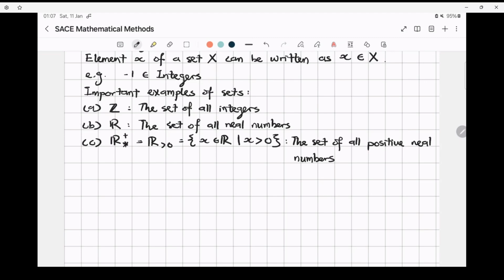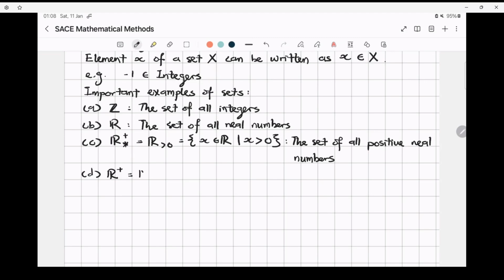Why do I say that sometimes the notation can be confusing? Because in certain books, this particular notation can be denoted by this particular set. So if you want to include 0, what should you do? You just write R plus.